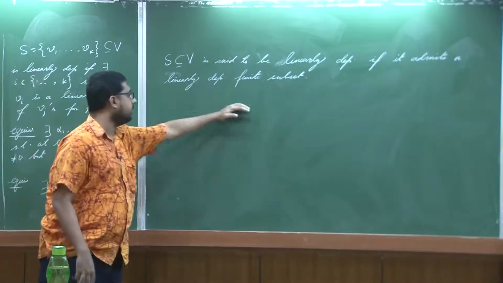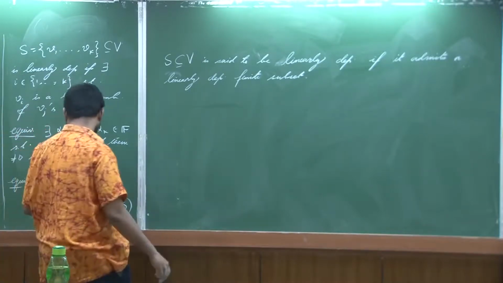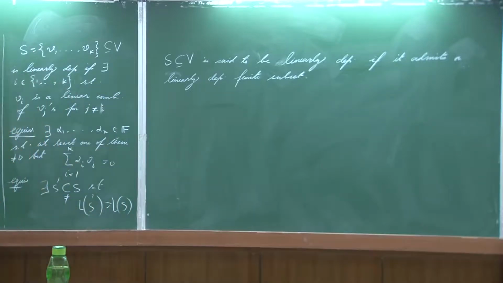Or equivalently, there is a finite linear combination of elements from S which becomes 0, but one of its coefficients is non-zero. And this also goes if it admits a proper subset whose linear span is the same as that.